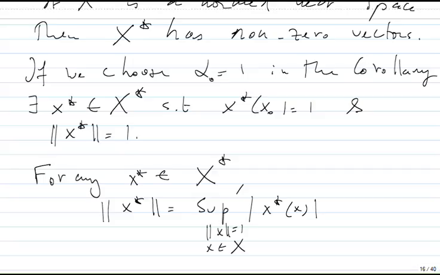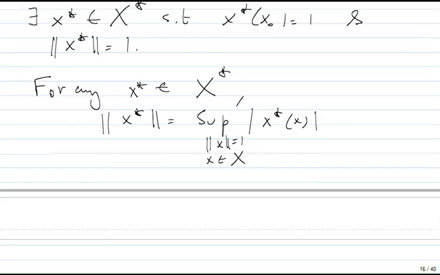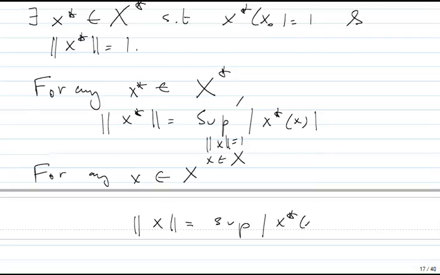But what's happening here is that you can also have now, which is really amazing, we know also that for any x in X, now we can say that the norm of x is equal to the sup of |x star of x| when the norm of x star is equal to 1, x star belongs to X star.